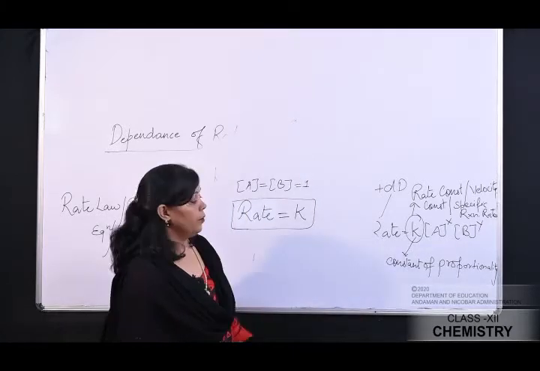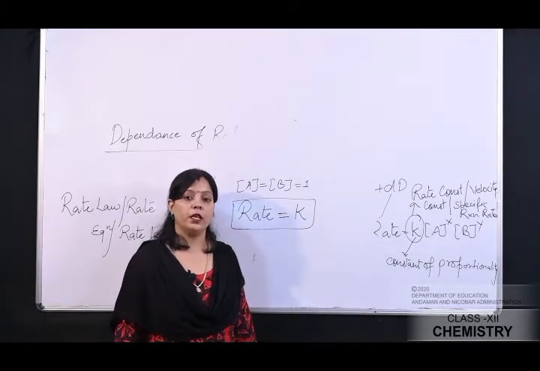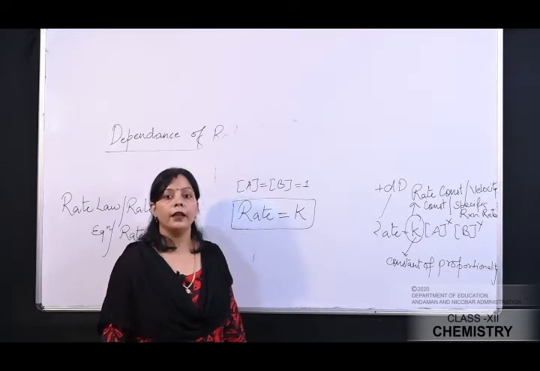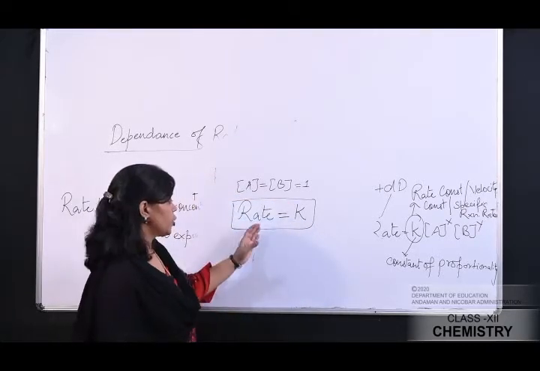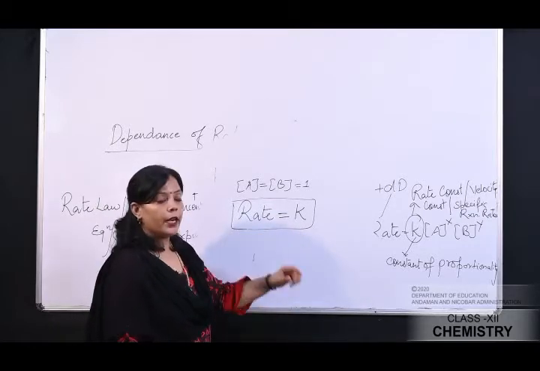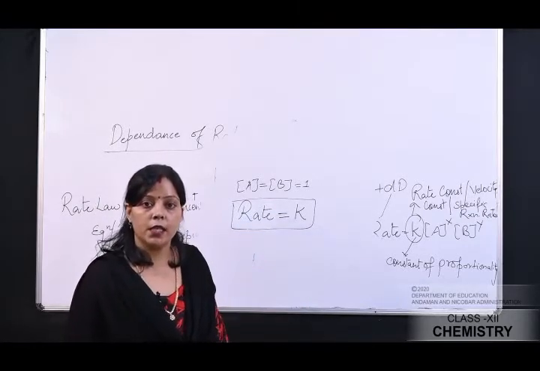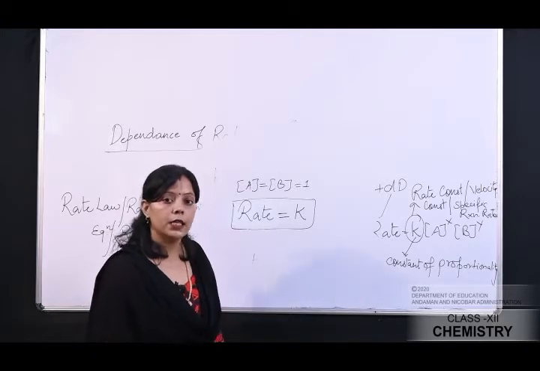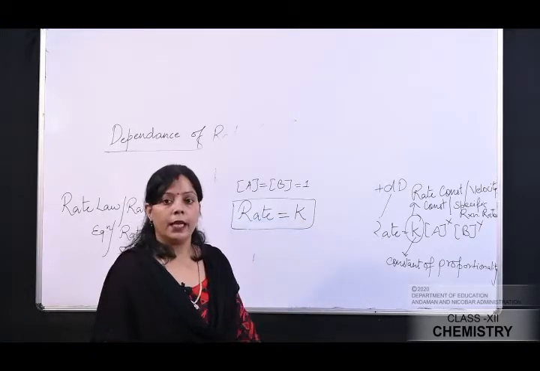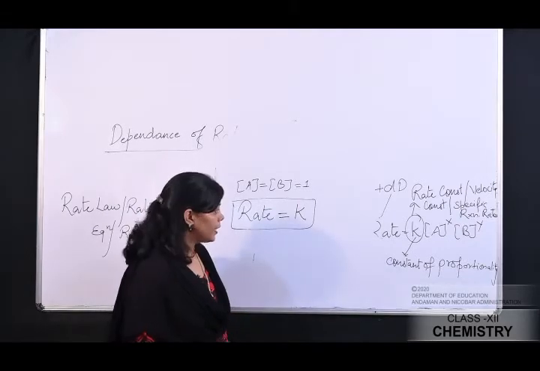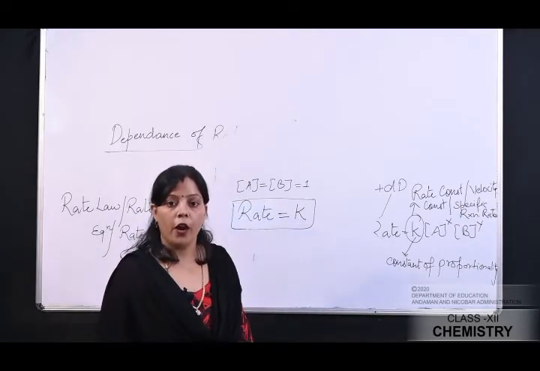So what is the basic difference between the rate of the reaction and the rate constant? This is the rate of the reaction and this is the rate constant. In short, we can differentiate them. The rate of the reaction is defined as the change in the concentration of the reactant or the product in a given interval of time. The K is the constant of proportionality given in the rate law expression.